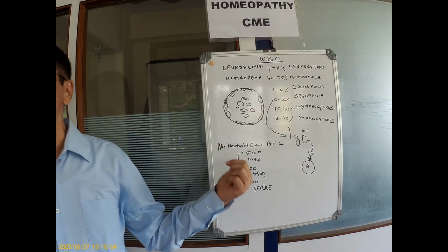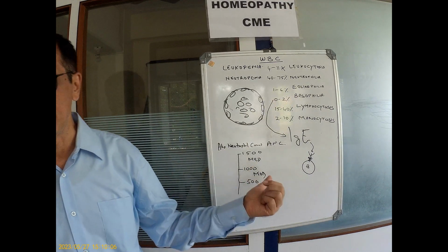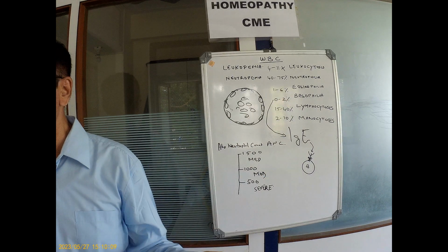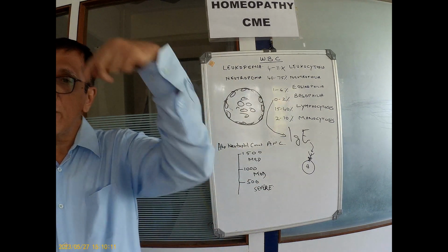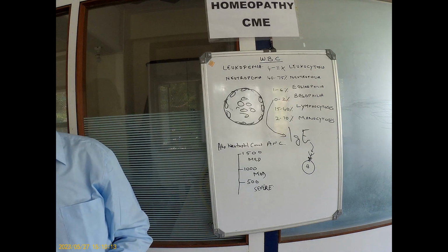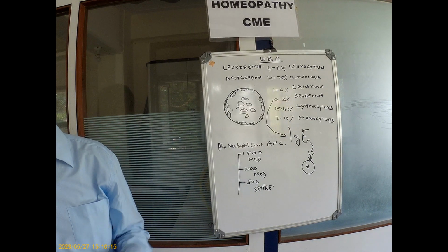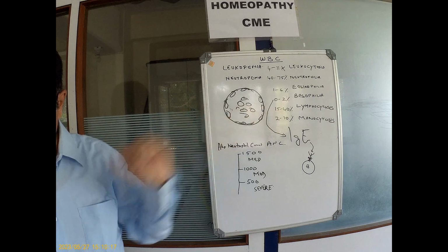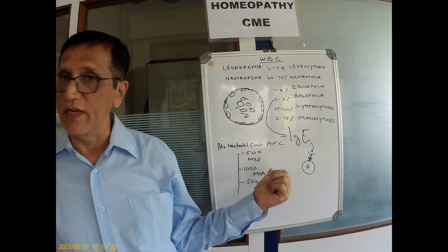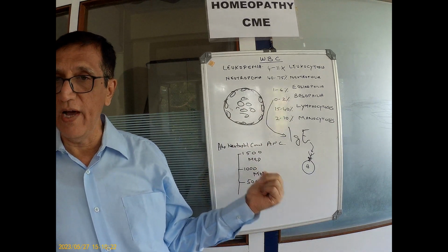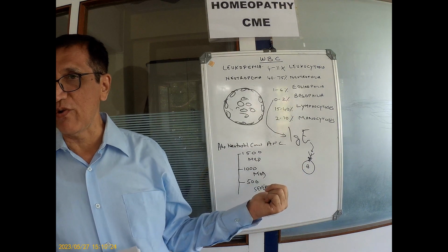Now these macrophages, when they enter the tissues, they have special names in special tissues. If they enter the CNS, they are called microglial cells. When they enter the alveoli of the lungs, they are called alveolar macrophages.